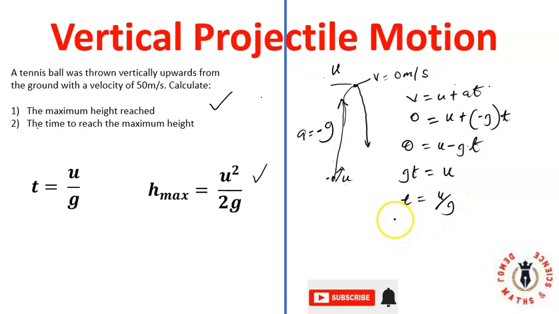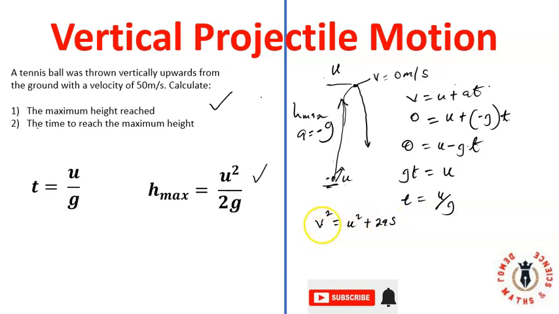Now, at the same time, let's look at how to calculate the height the stone would have attained. If I throw the stone upward, it would have attained a maximum height, h max. Now remember our formula from our equations of motion that says v squared is equal to u squared plus 2as.